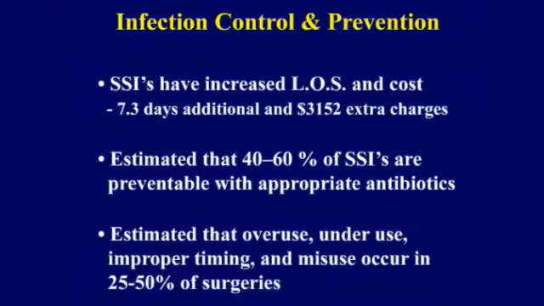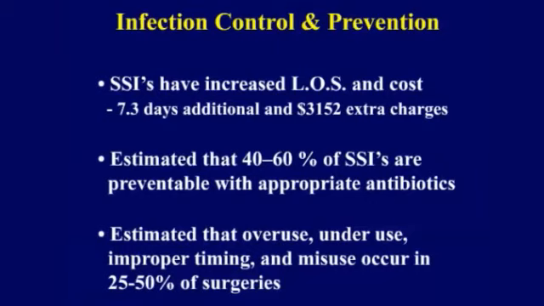For infection control and prevention, it's important to make sure that surgical site infections are monitored and controlled. Why? Because we have an increased rate of cost, and we know that when one person gets a surgical site infection, we have an increased length of stay, which costs us around $3,152 extra for every person who has to stay longer in the hospital within a 7-day period.